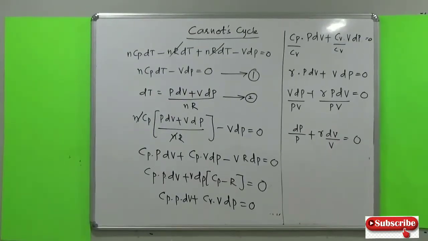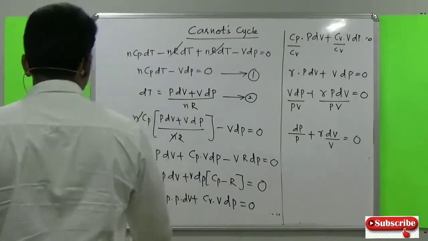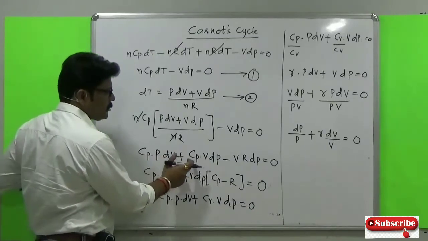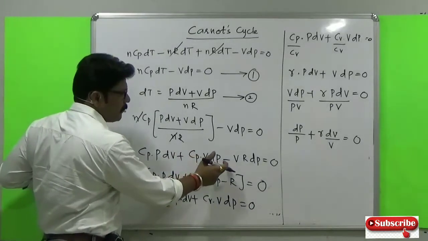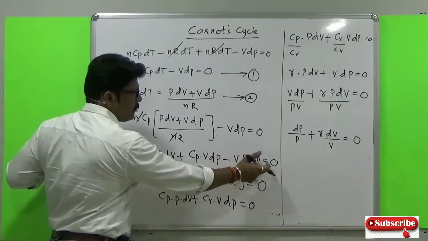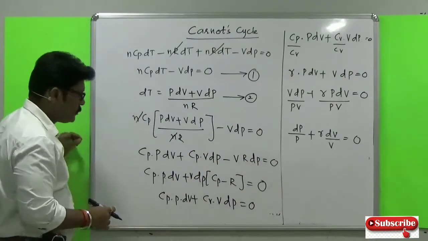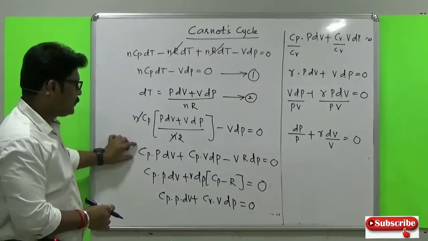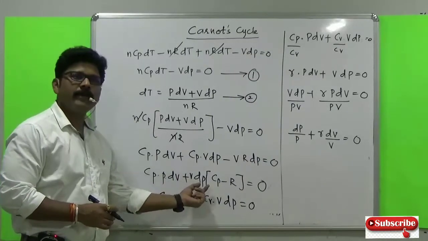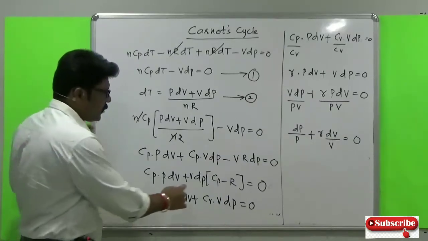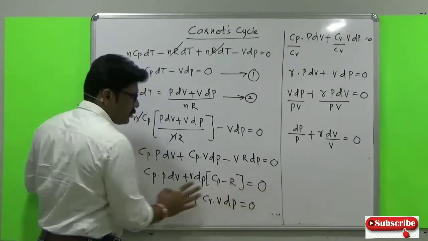Now see here, after this step, Cp into P into dV plus Cp into V dP minus V into R into dP is equal to 0. R जो है ना, that cross multiply हो जाएगा. उसके बाद स्टेप देखो, मैं क्या कर रहा हूँ, V into dP को कॉमन ले लें. If I take the common, then I can write Cp minus R is equal to what?